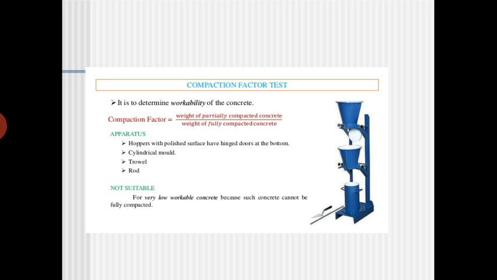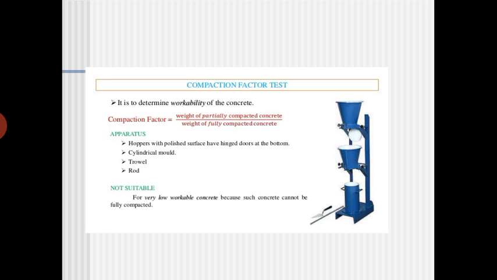Whatever the top bucket is, you close it at the bottom. Then fill it. Once it is completely filled, make sure that it is not fully compacted; it is just poured, not fully compacted. And immediately you release the bottom portion.